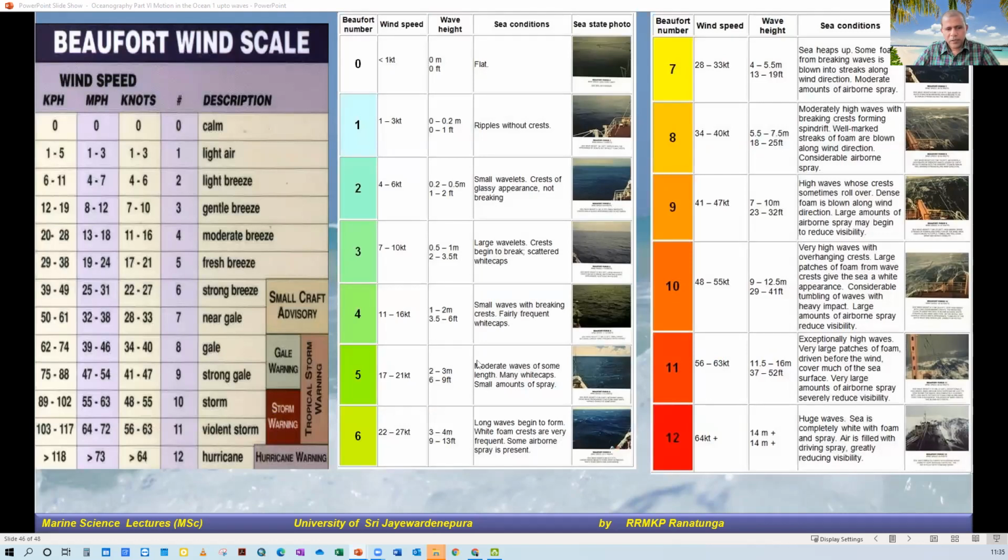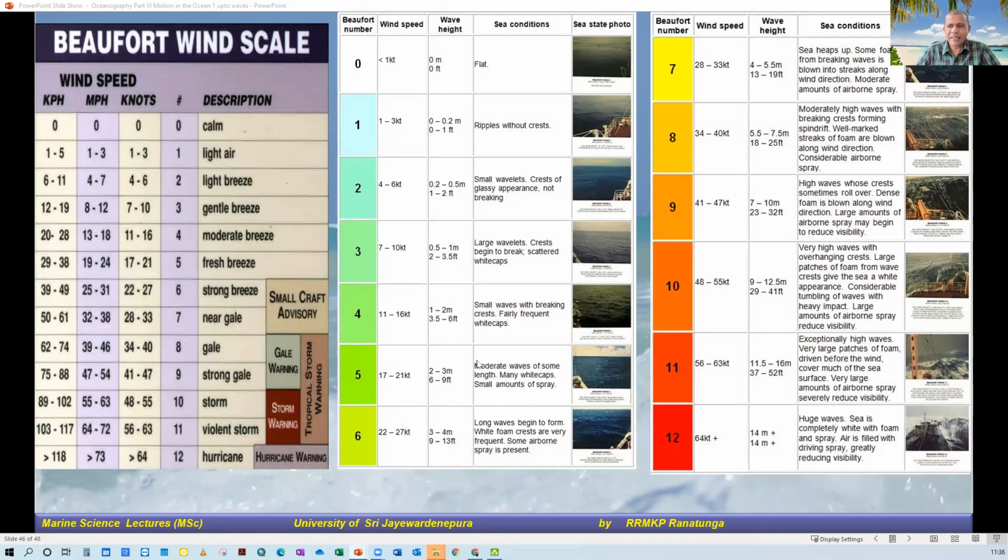Okay, from that, we will come to something very important again, some sort of a scale to measure the sea situation. By now, you know there is the wind speed, and the sea state, like whether it's choppy or swell or a very calm sea with no waves.